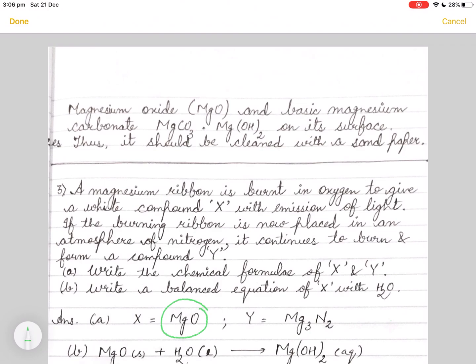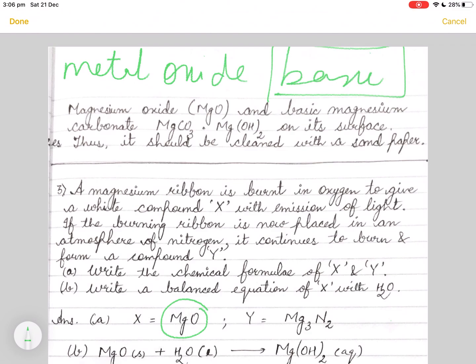It's very simple, because magnesium oxide is a basic oxide. It belongs to group 2, and magnesium is a metal. Remember, all metal oxides are basic in nature. So if it is basic in nature, that means it should dissolve in water to give you a base. And that is what is written in this equation.